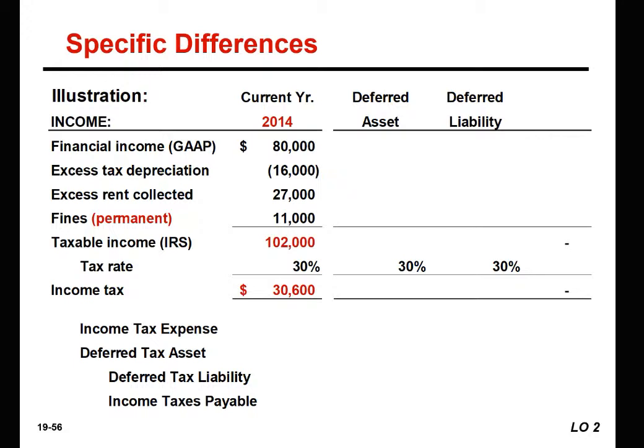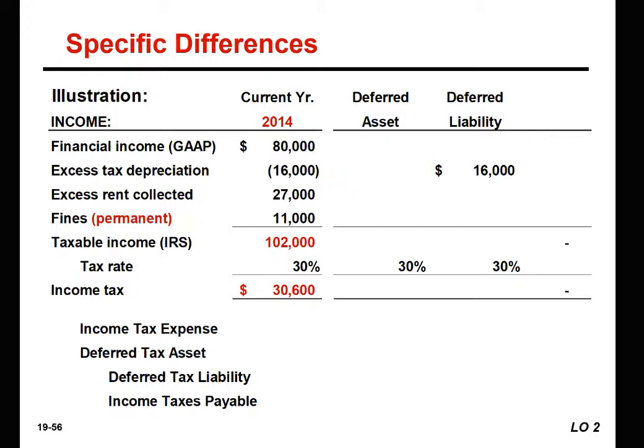That's $16,000 of excess tax depreciation. So we're taking it now, which means that we're going to have to see it as a liability.